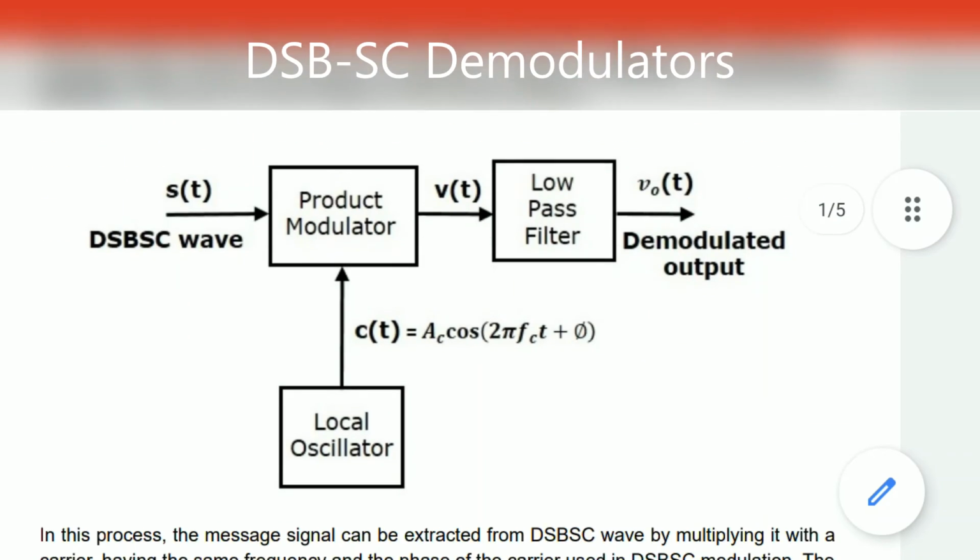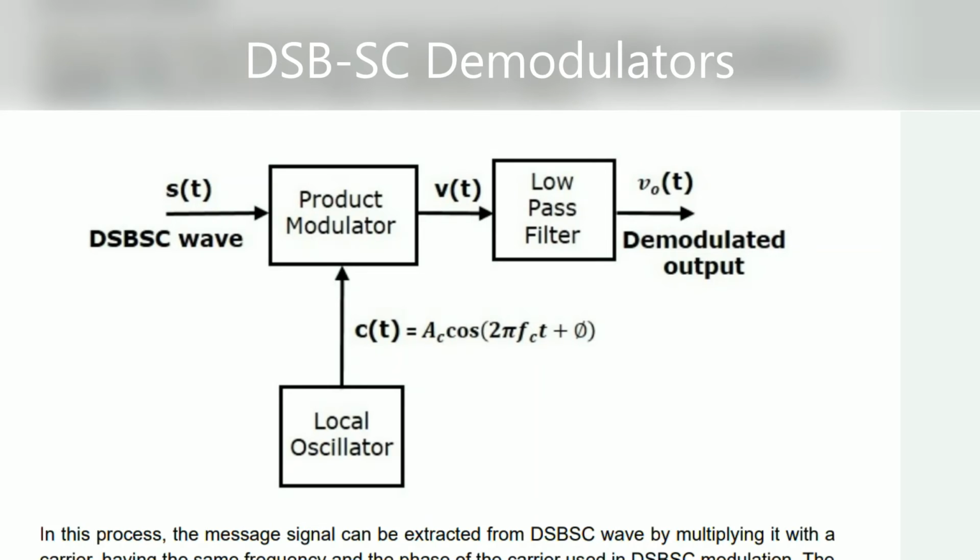Now see the block diagram here. We are using a product modulator. To this product modulator we give an input of s(t), that is the DSB-SC wave, and also the local oscillator signal, that is c(t). The local carrier signal will differ from the modulator carrier signal by phi degrees. After product modulation we get the signal v(t).